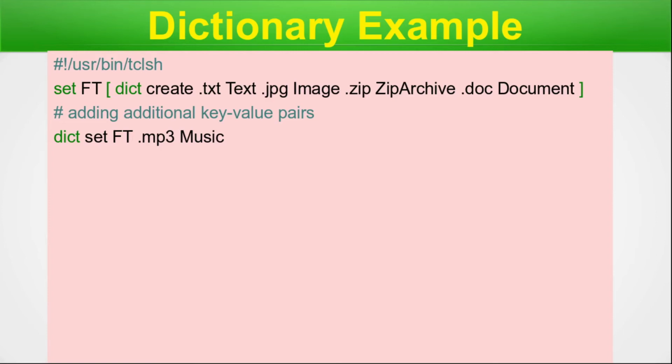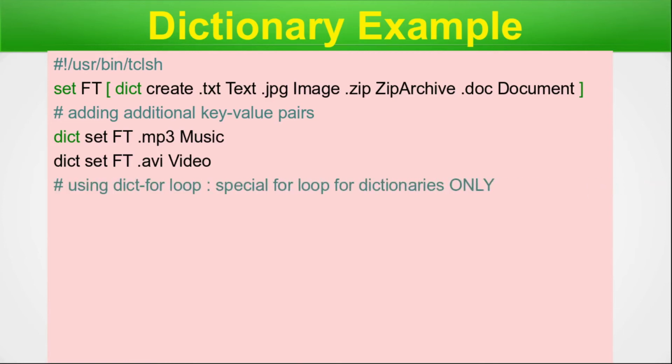One thing here: because the order is not important, this is not getting appended, it is just getting included. So we add another key value pair, dict set, then ft is the name of the dictionary. Dict set is the command, and we are using .avi as video. So a lot of file types and their names, extensions and their names.